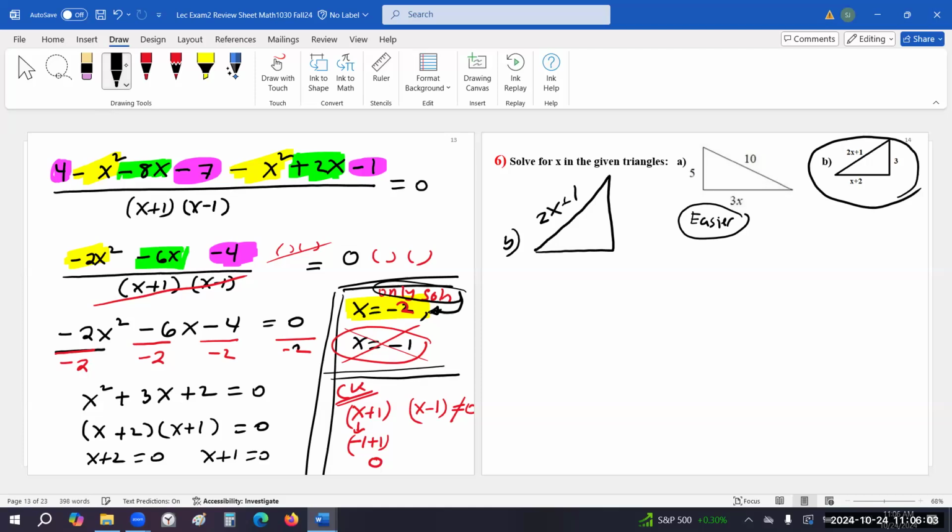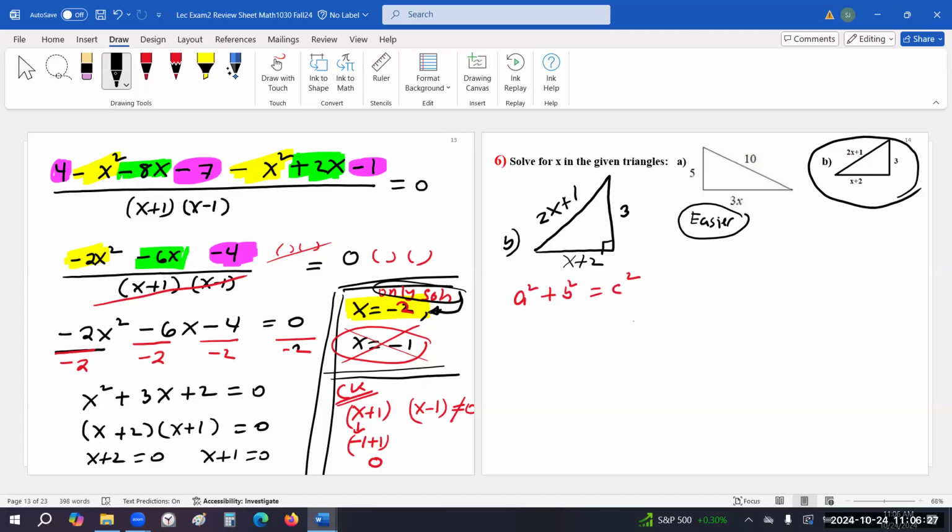We have 2x plus 1 as the hypotenuse. 3 is one of the legs. x plus 2 is the other leg. Anytime you see a right triangle, what formula comes to your mind? A squared plus B squared equals C squared.